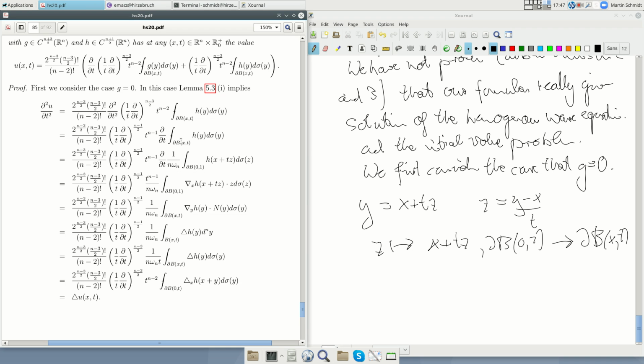Okay, and then this derivative. Now we can calculate this derivative, d by dt.